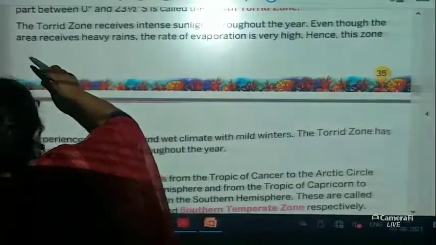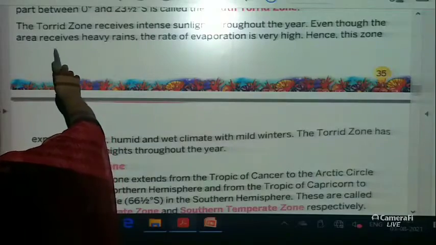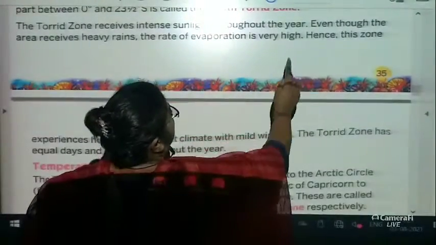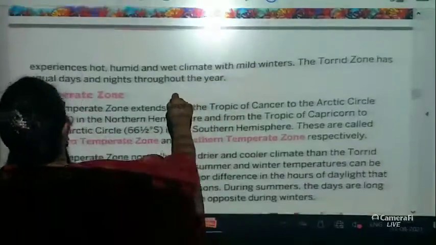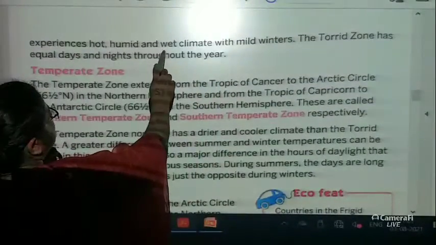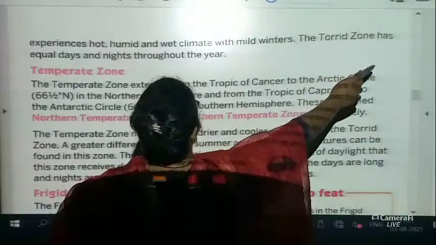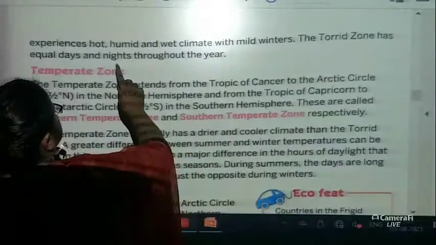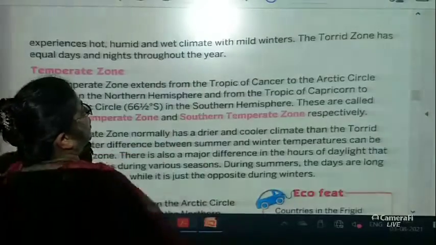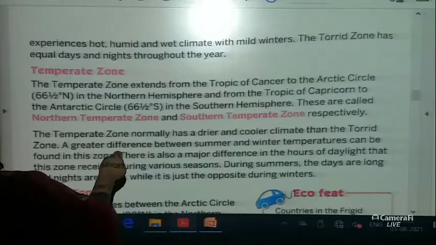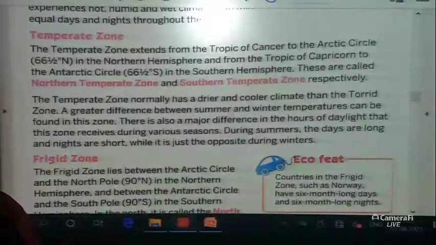Even though the area receives heavy rain, the rate of evaporation is very high. Hence, this zone experiences hot, humid and wet climate with mild winters. The torrid zone has equal days and equal nights throughout the year. Remember this, children, that it has equal days and equal nights.